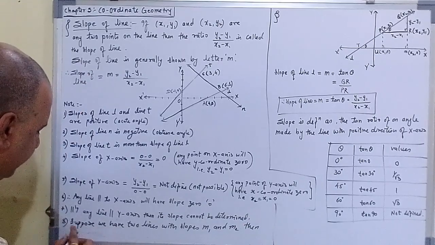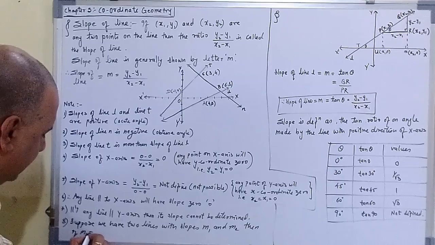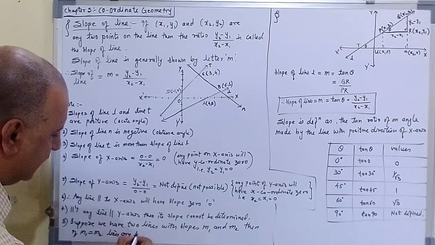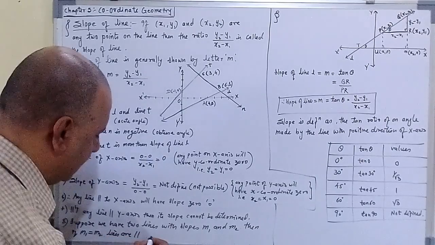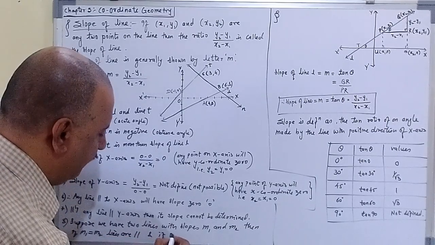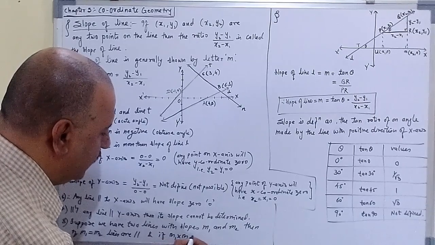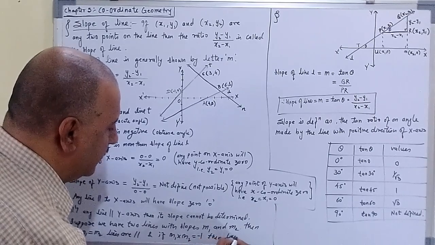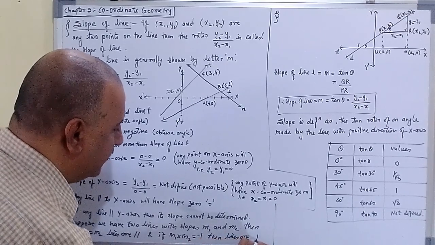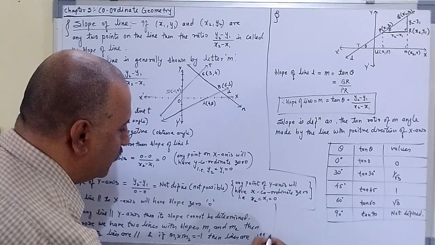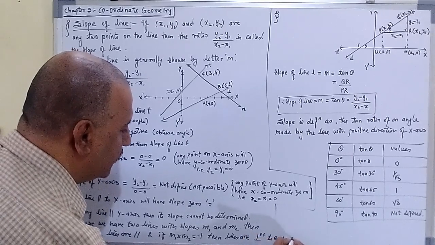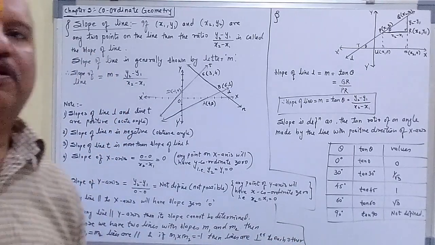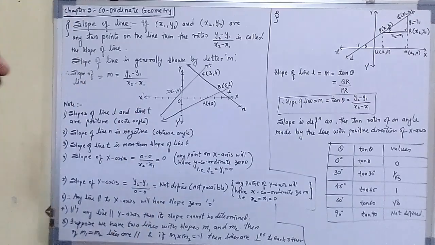If m1 equal to m2, lines are parallel, and if m1 into m2 equal to minus 1, then lines are perpendicular to each other. Please note this point. ये point भी note कर लो. बाद में देखेंगे. पहला ये लिखेंगे first.